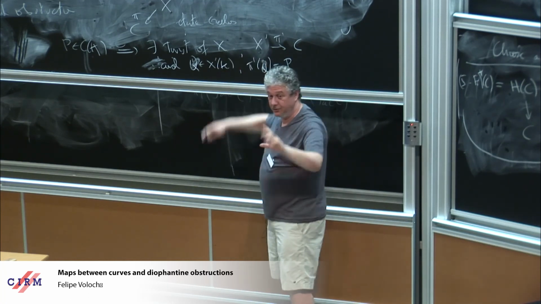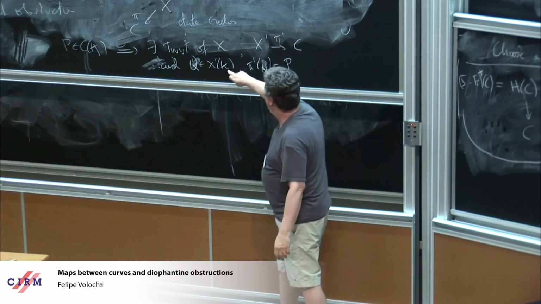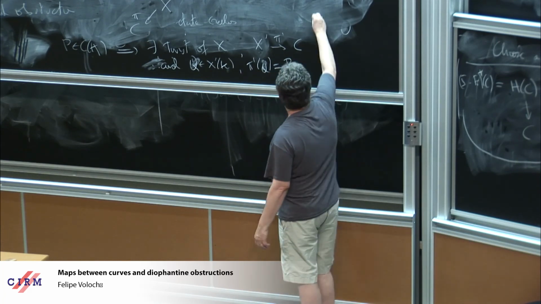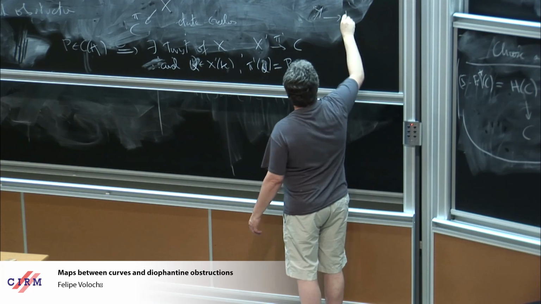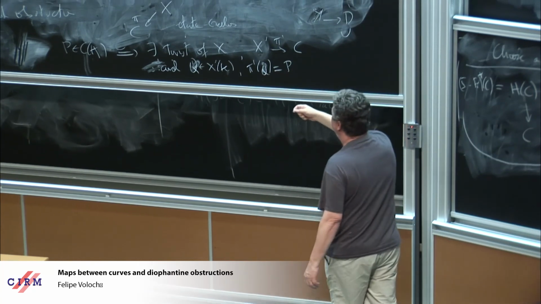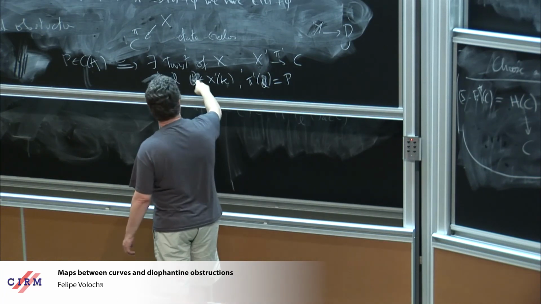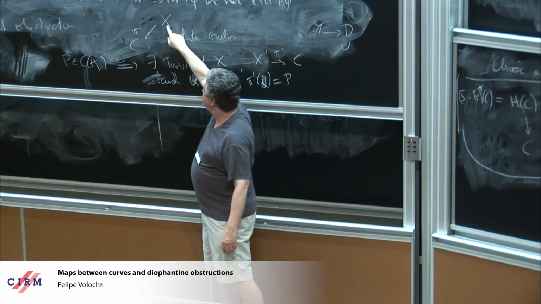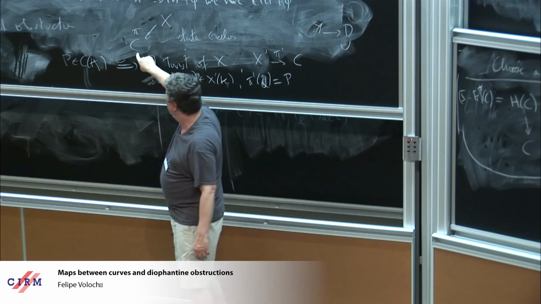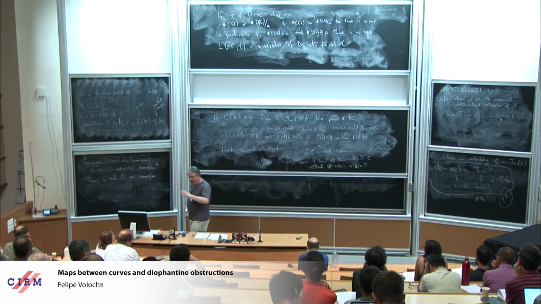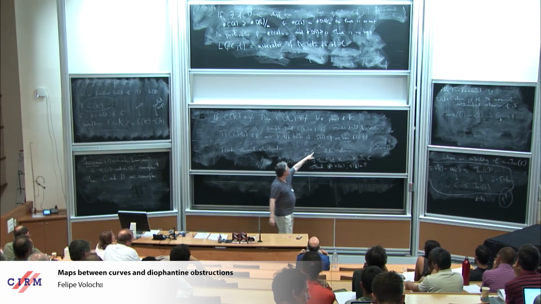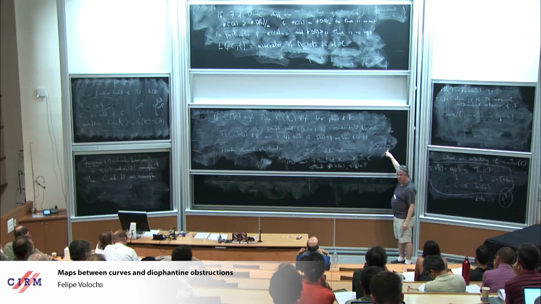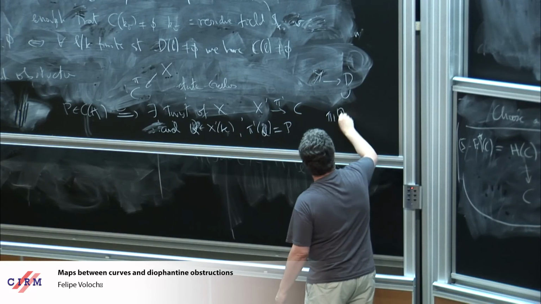In the situation of isotrivial curves, the extension of K that untwists X prime is unramified over K. So it's a cover of D. If you don't have finite descent obstructions, for each cover X of C, you end up producing a cover of D. What is this? It is a map from pi_1 D to pi_1 C.